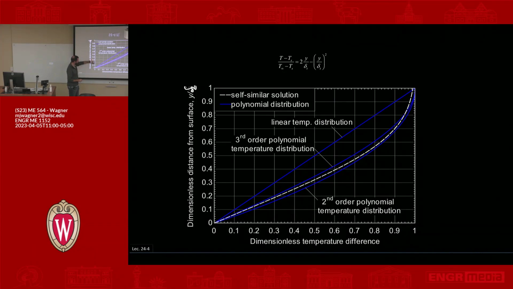You're seeing it starts off with a higher dT/dy, and then as you get out to the edge of the boundary layer, it tails off. It follows the same kind of approach as the velocity. Linear is the least accurate. Quadratic and cubic get better. And then the known solution is shown here.